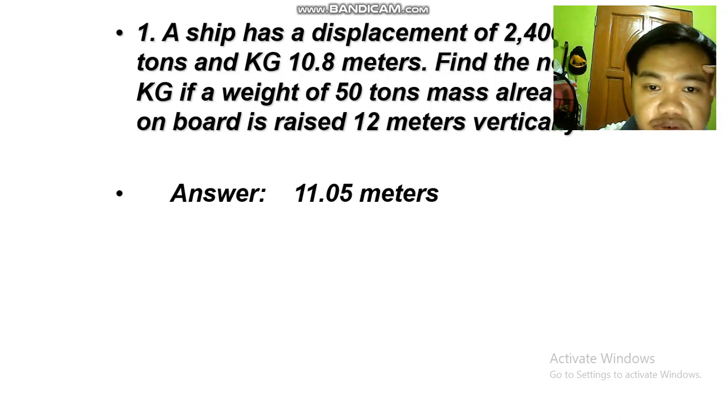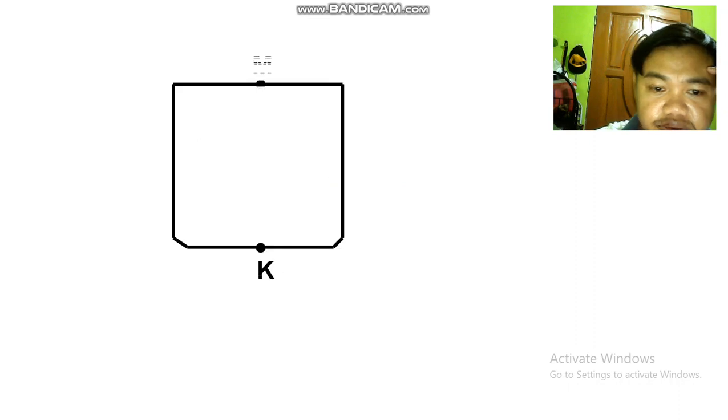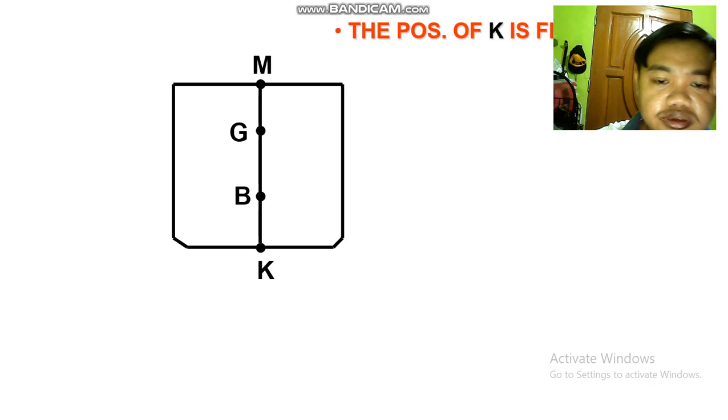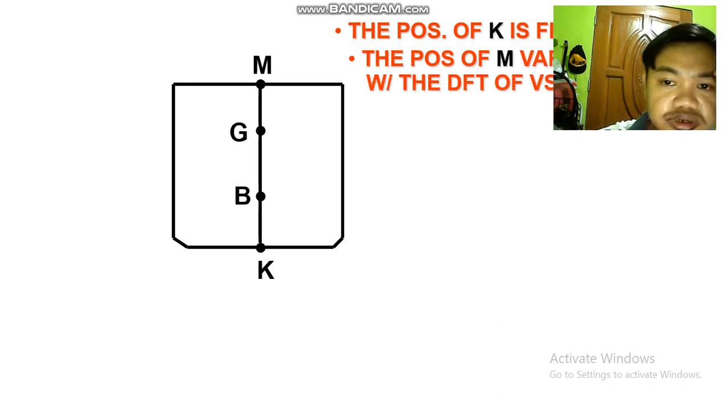So this is our ship, this is the keel, this is the metacenter. They are in line together with the center of gravity when the ship is upright, as well as the center of buoyancy. The position of G is fixed. The position of M varies with the different angles of heel.